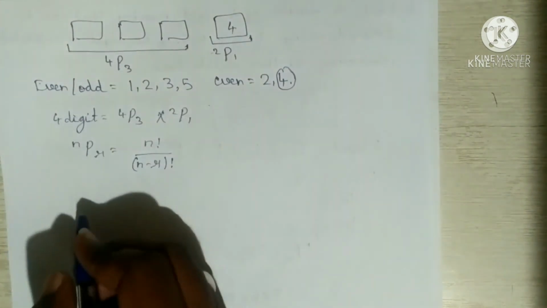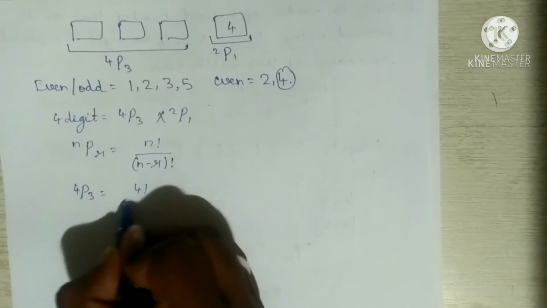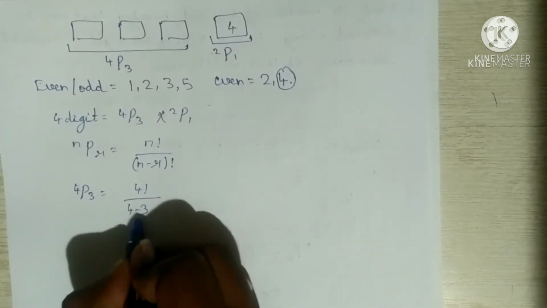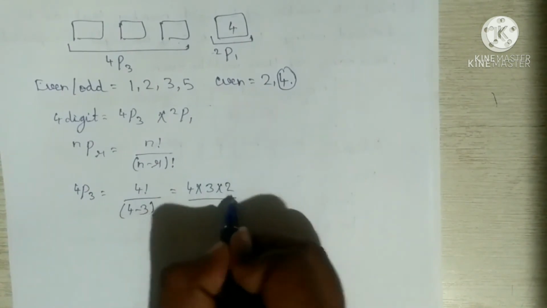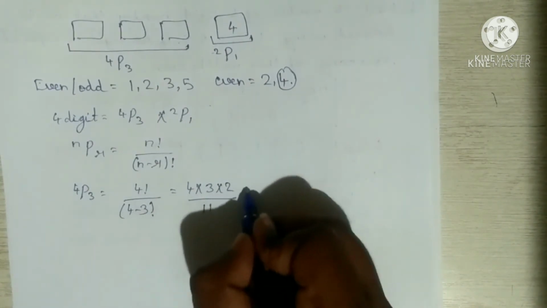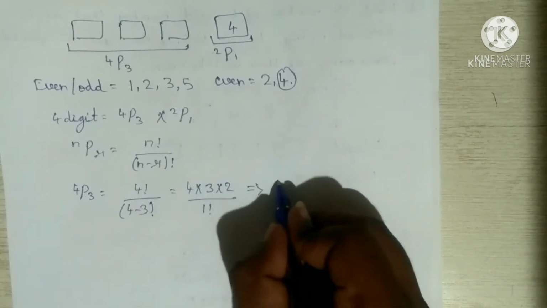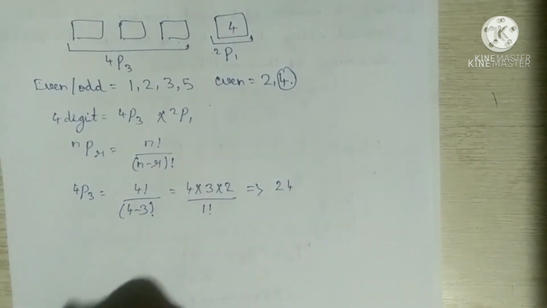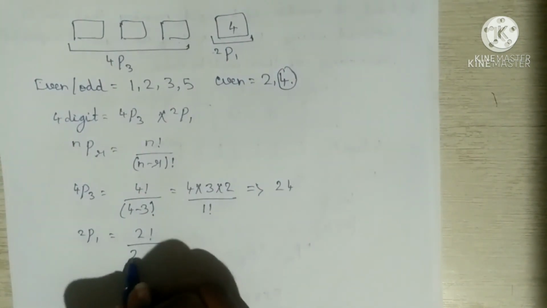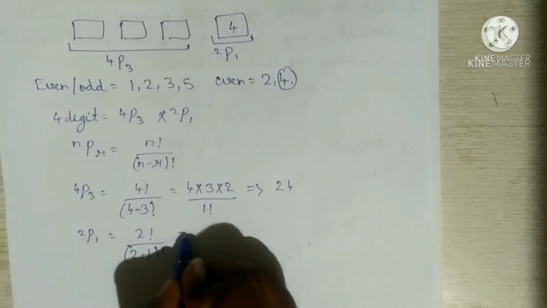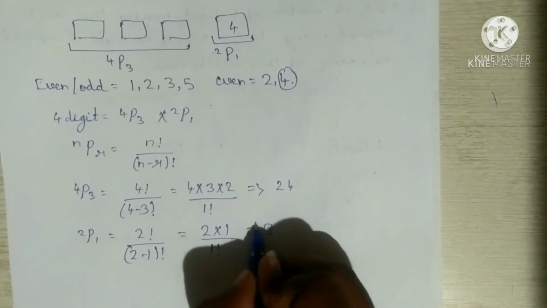First, find 4P3. 4P3 is equal to 4 factorial by (4 minus 3) factorial, which is nothing but 4 into 3 into 2 by 1 factorial. You will get 4 threes are 12, 24. Then 2P1 is equal to 2 factorial by (2 minus 1) factorial, which is 2 into 1 by 1 factorial, so you will get 2.